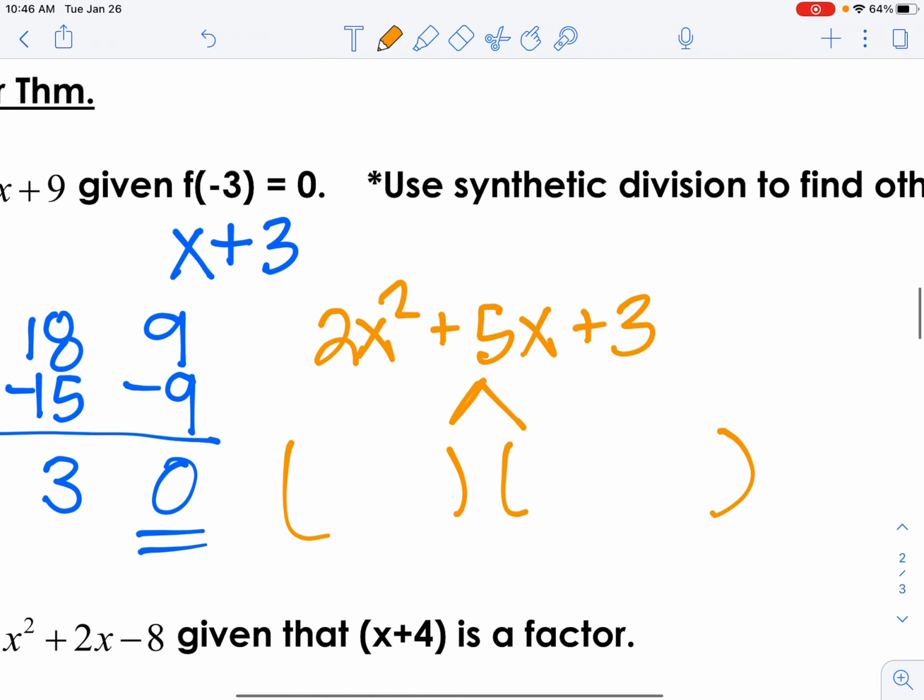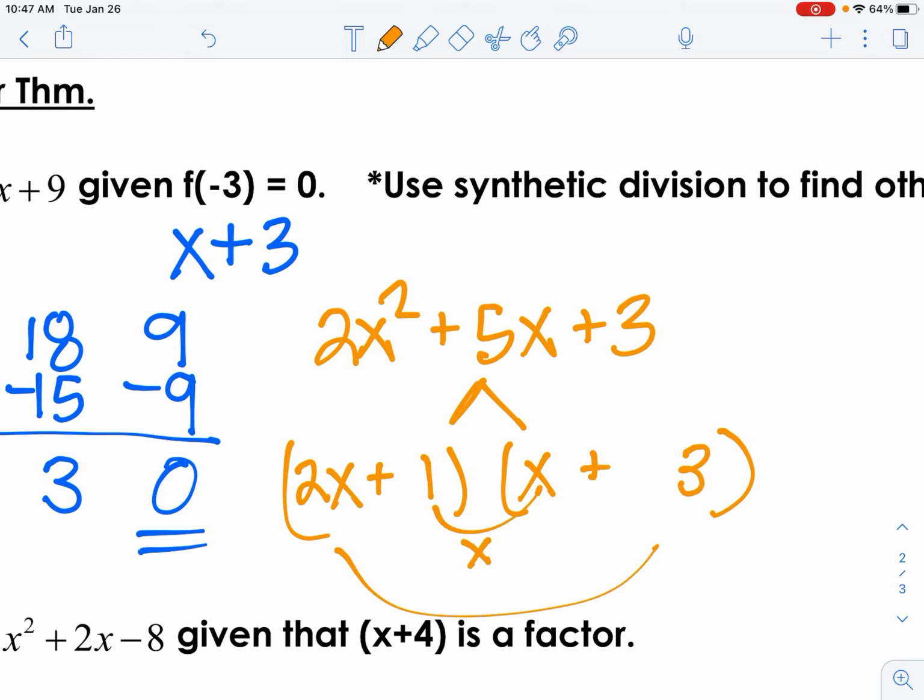Now this is something I can factor, and then I'll be done. To get 2x squared, I'll say 2x and x. To get 3, I'll say 3 and 1. Let's say I put my 3 there and my 1 here, both positive. Now if I FOIL, my insides get me x, outsides get me 6x. Those combine to be 7x. So maybe I need to flip-flop these. 3 there, 1 here.